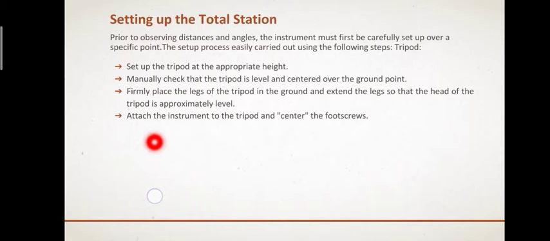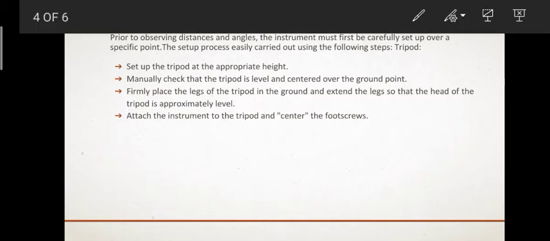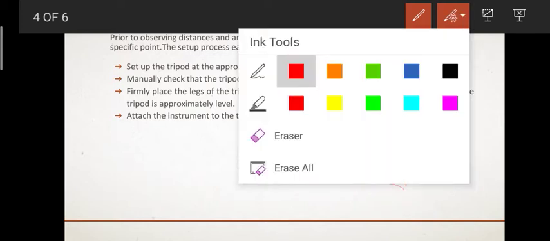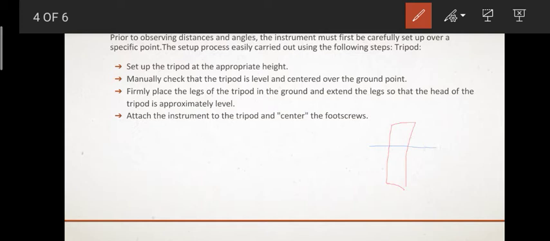Attach the instrument to the tripod and center the foot screws. If you have seen the theodolite, the foot screws that are there should be at the center of the screw. It should not be that one is up or one is down. For example, if this is your foot screw, this should be neither at the top nor at the bottom.